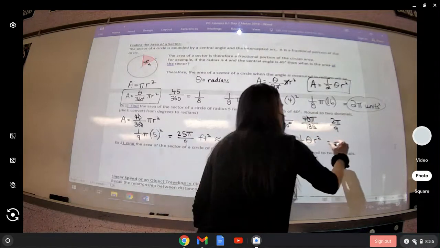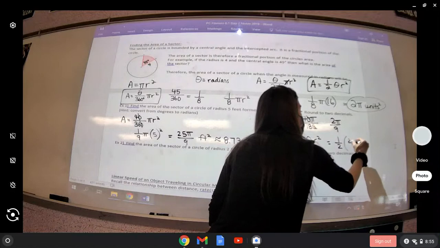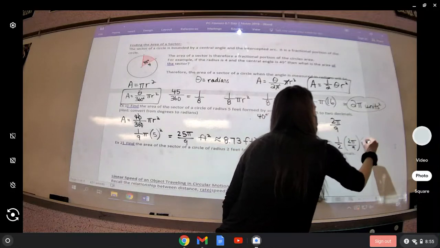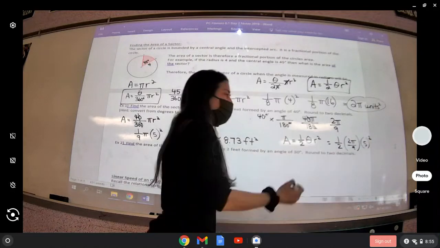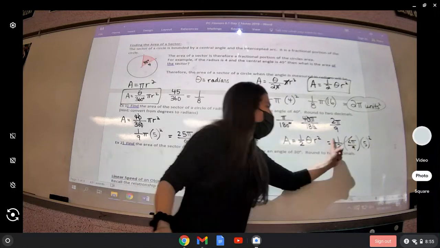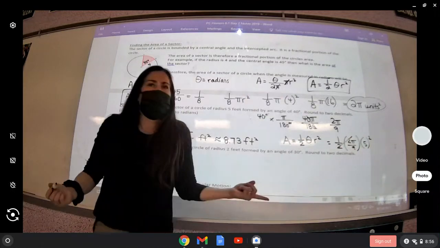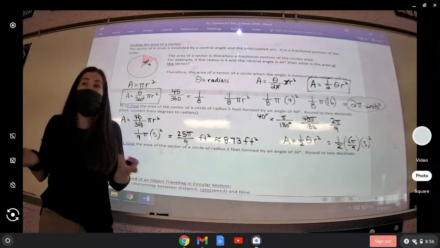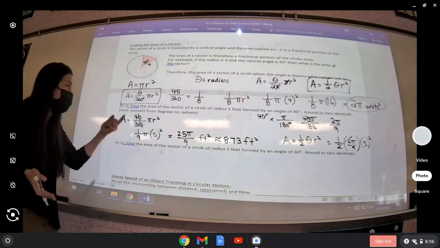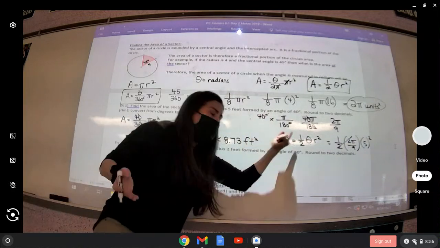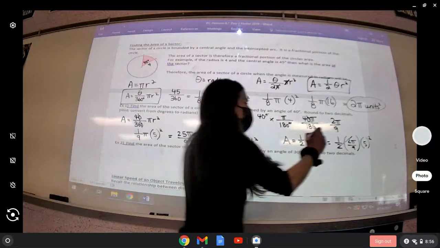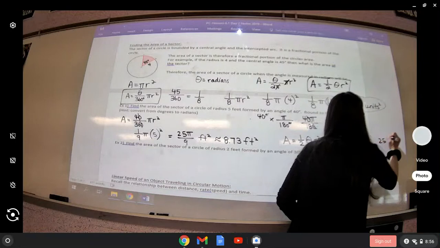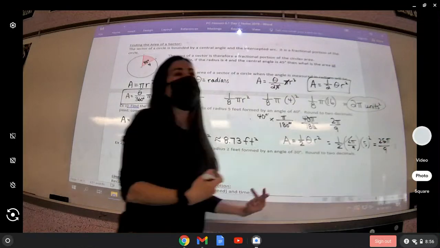So it's going to be 1/2 times 2 pi over 9 times 5 squared. The 2's cancel. It's 25 pi over 9. So either way you do it, whether the angle is in radians or degrees, to me, one isn't easier than the other. I would actually argue I don't want to take the time to convert to radians to do this. So you would still get the exact same answer that you got in degrees.